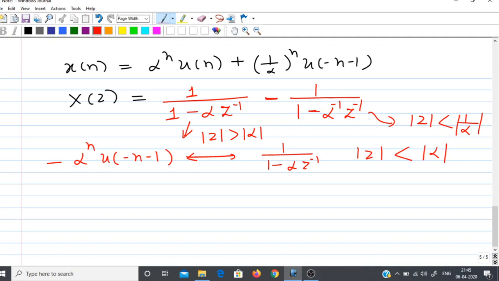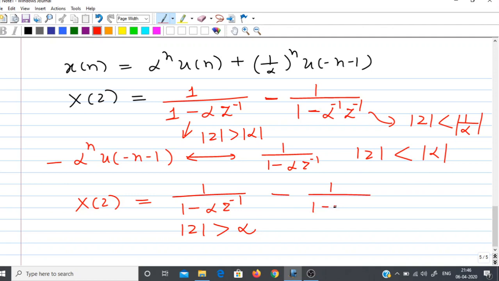Now because I have taken alpha real, there is no need to put these mod signs here. I can directly write X of z as 1 upon 1 minus alpha z inverse with mod z greater than alpha, and this part can be written as minus 1 upon 1 minus alpha inverse z inverse with mod z less than 1 by alpha.